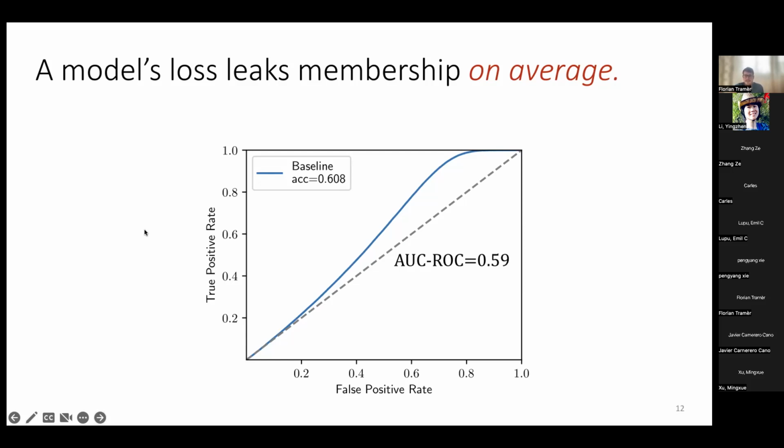So the amount of mistakes that your attack makes. And then for every threshold that you pick, you get a different trade-off between true positive rate and false positive rate. And you can then plot this on a curve.